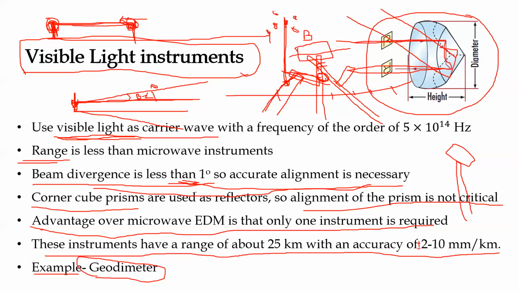Beam divergence is less, that means alignment is necessary because you have to place it exactly on the line of sight. And since corner cube prisms are used as reflectors, the alignment of the prism can be kept like this, it doesn't matter.